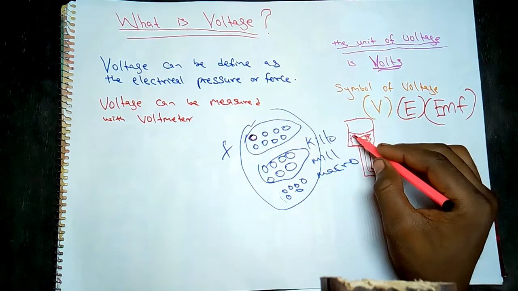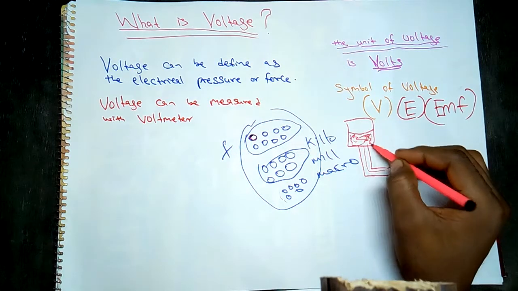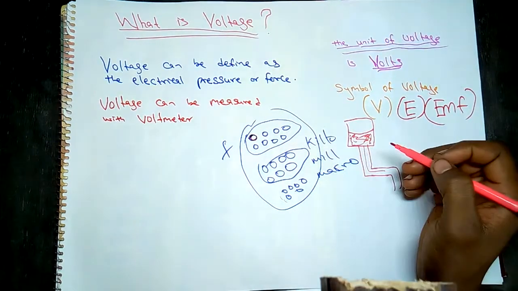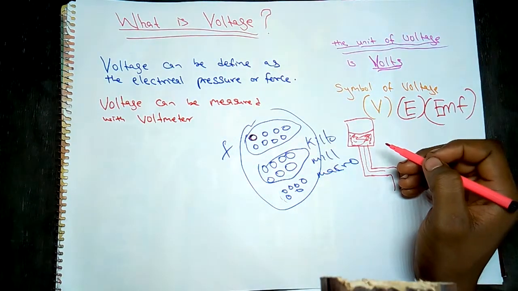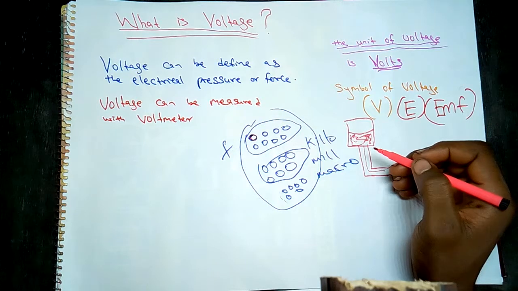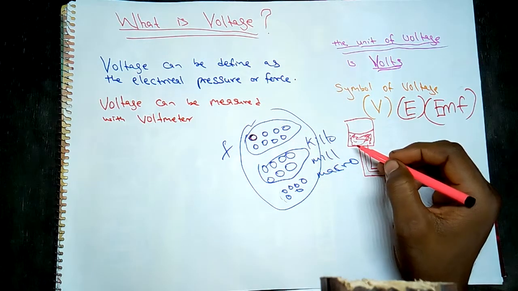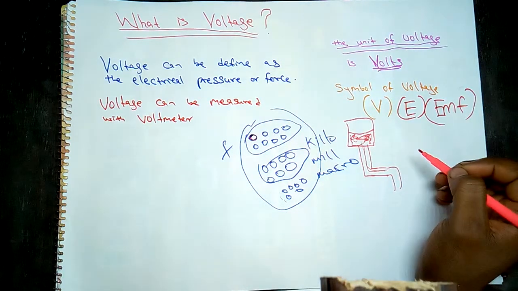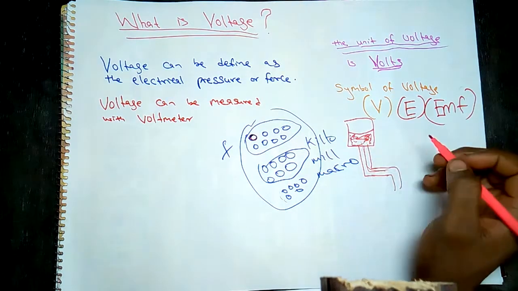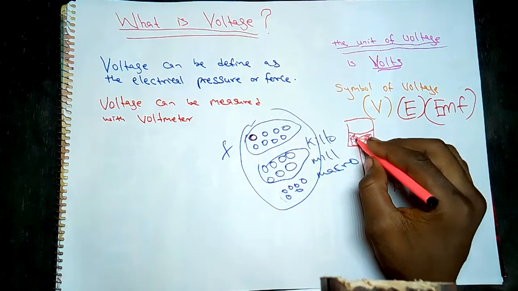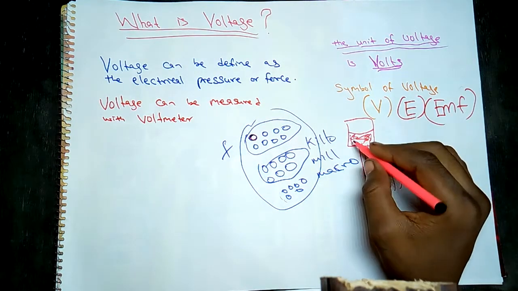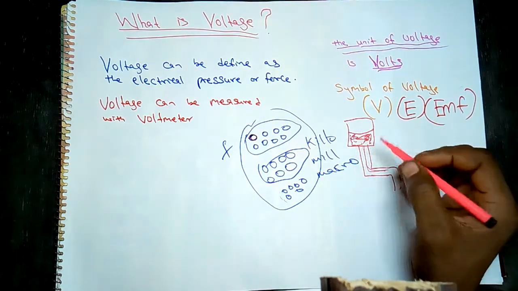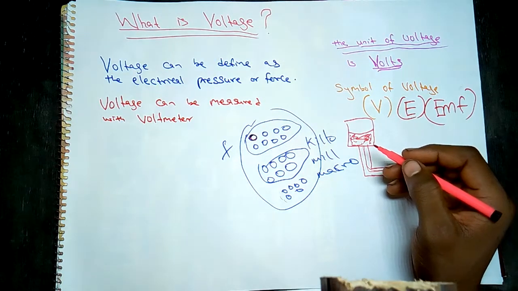In real life, this pressure can be known as gravitational force, but in electronics it's known as voltage, because there is nothing like gravitational force in electronics. So voltage is the force that is pushing the electrons to move. Without voltage there won't be movement of electrons in electronics. So voltage is very important in electronics.